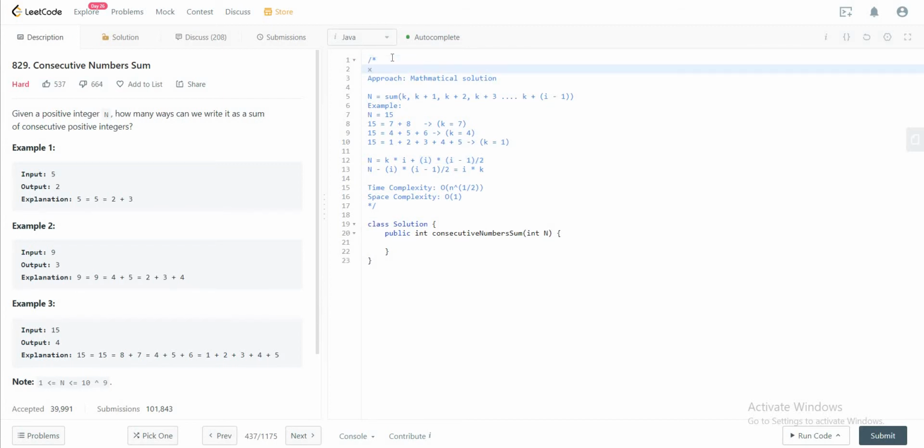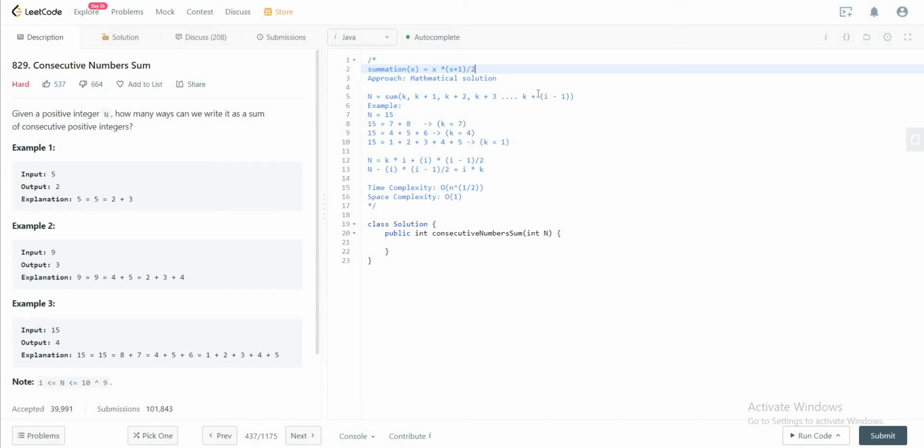Let me quickly write this down: the summation of x, the sum of all of the numbers from 1 all the way up to x, can be generally written as x multiplied by x plus 1 divided by 2.